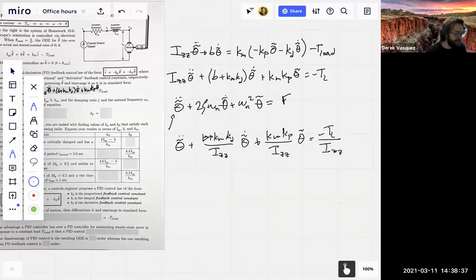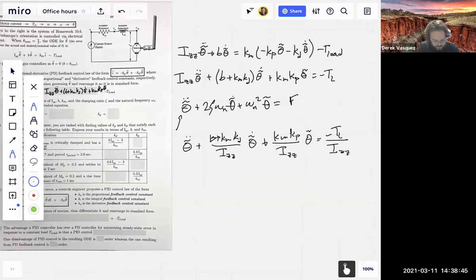So now we want Kd and Kp in terms of system parameters and zeta and omega.